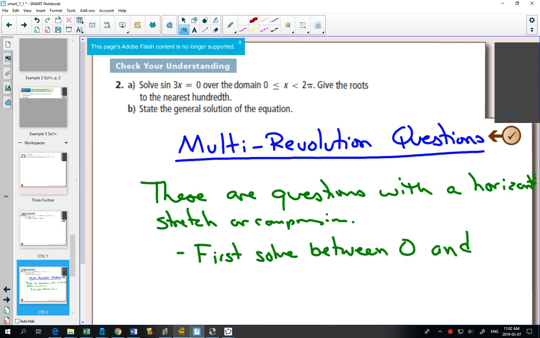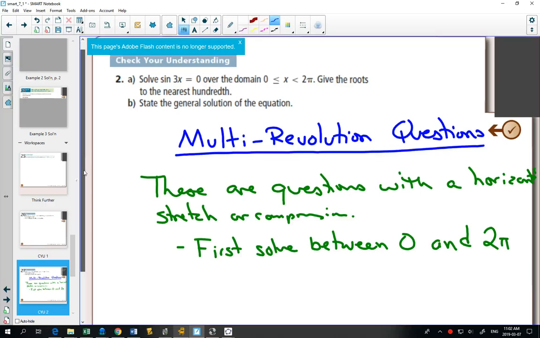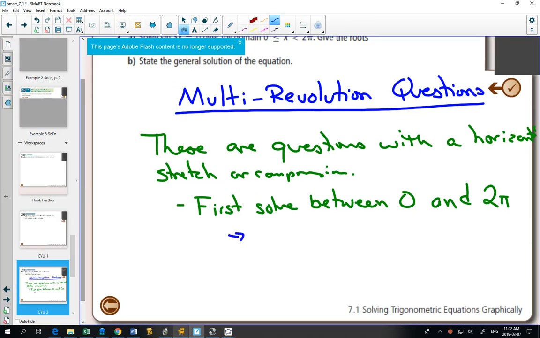like a general solution, I like to first solve between 0 and 2 pi, and in this step, what we have to do as a step within this is change the domain according to the horizontal stretch or compression.